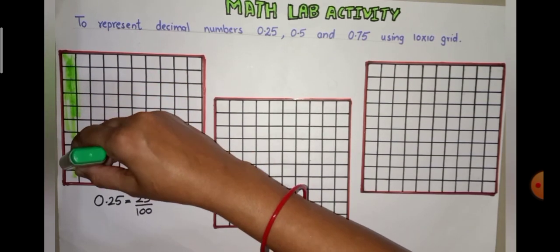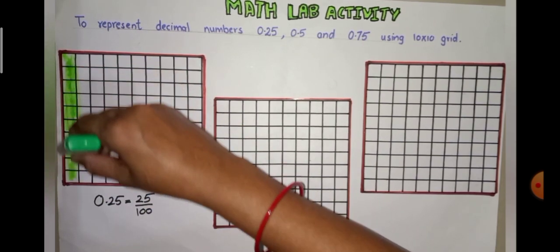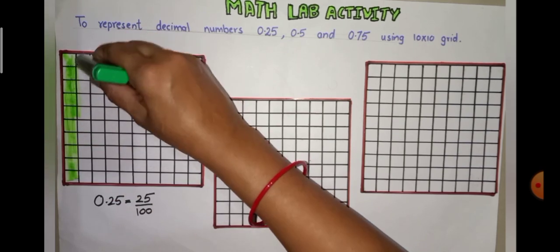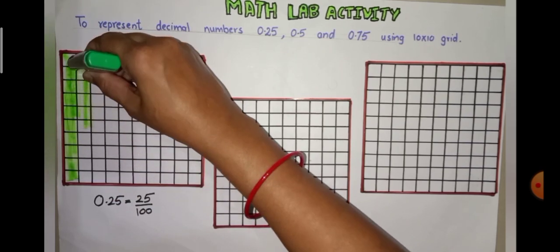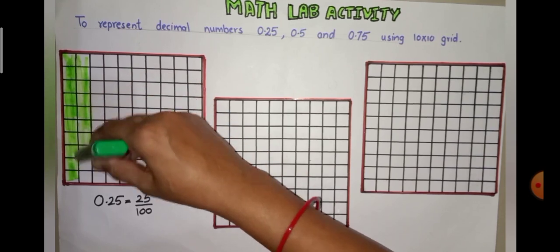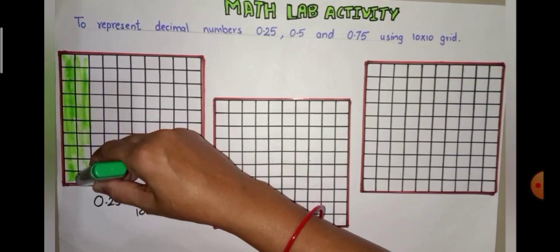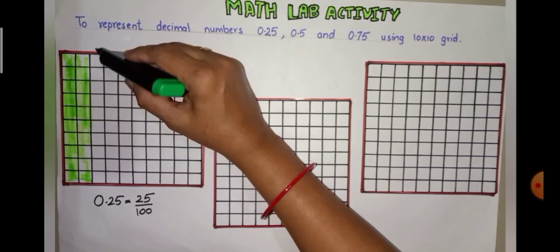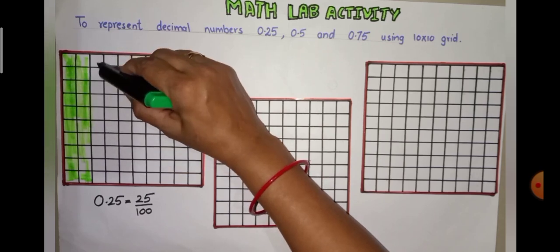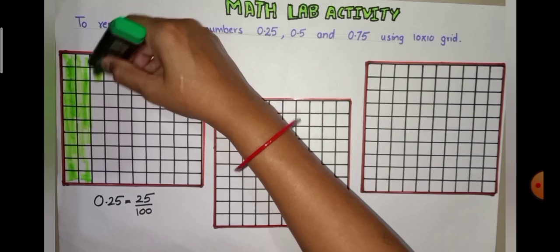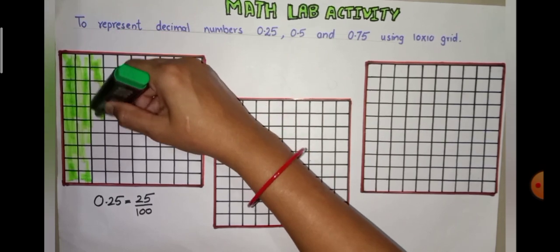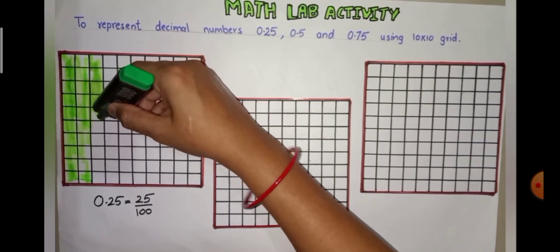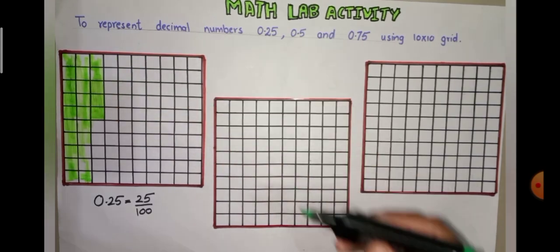Shade the first 10 squares, then the next 10 squares. This will make 20 squares. Children, instead of this marker, you can use crayon colors also. Now next we will shade 5 more squares. So this will make 25 unit squares.